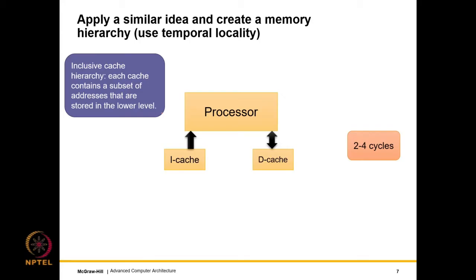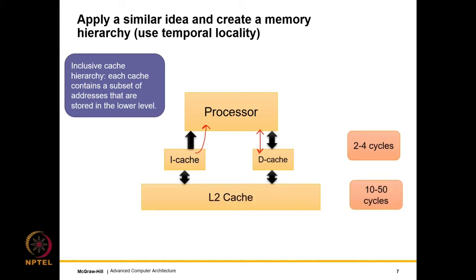The latency of an I cache or a D cache is 2 to 4 clock cycles. The I cache supplies instructions to the processor, and the D cache exchanges data with the processor, so you can either read or write the data cache. These are very fast memories, but they are fast because they are small. So they store a subset of the address space, the most frequently accessed data.